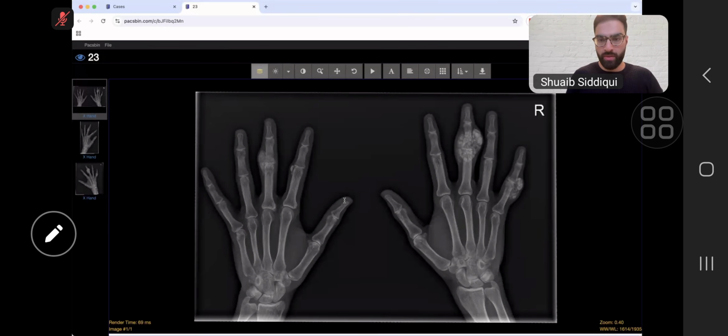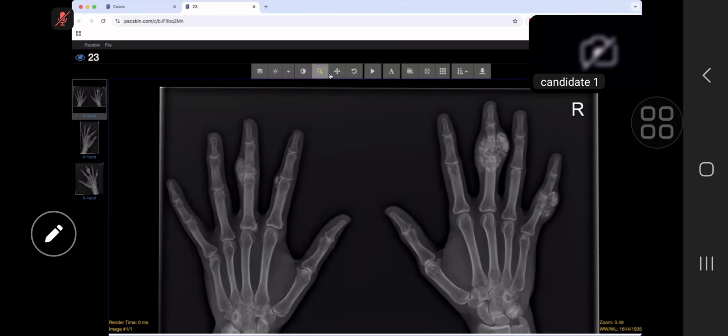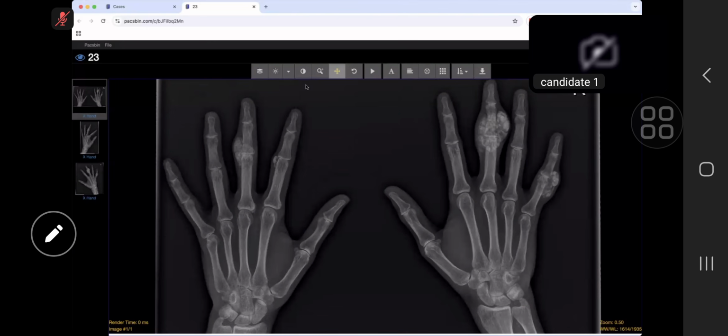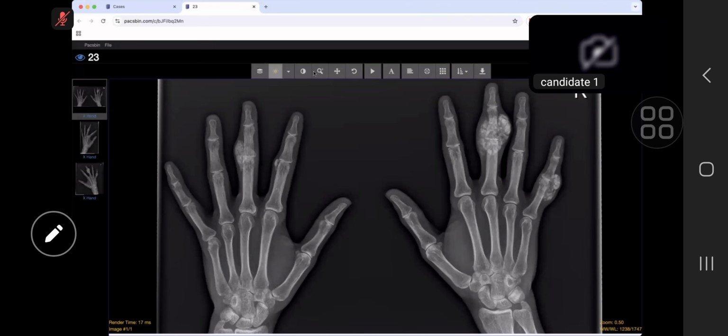Okay, so this person presents with finger swelling and pain. I've been presented with a bilateral X-ray of both hands, in which the first abnormality that I see is the presence of soft tissue swellings with calcifications, centered upon the first interphalangeal joints on the right hand, in the middle finger as well as in the little finger.